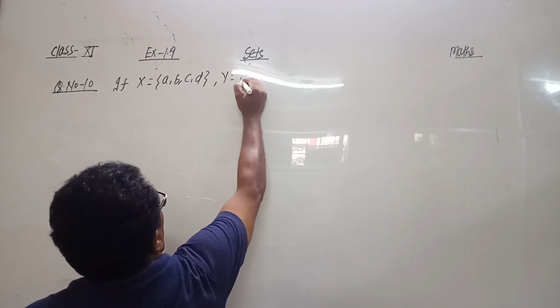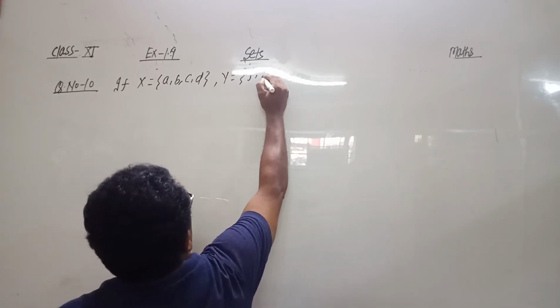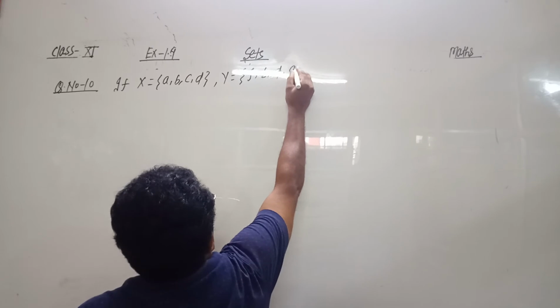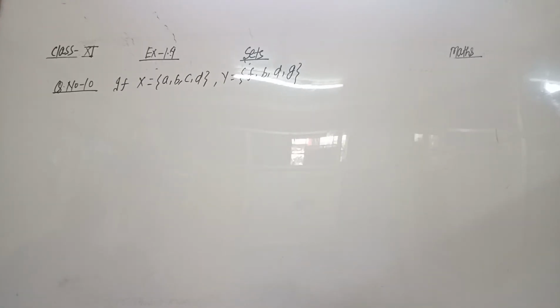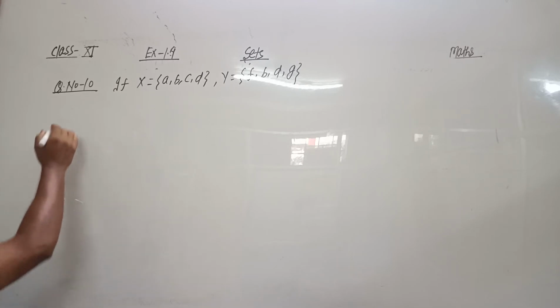So two sets are given and then we have to find X minus Y, Y minus X, and X intersection Y.